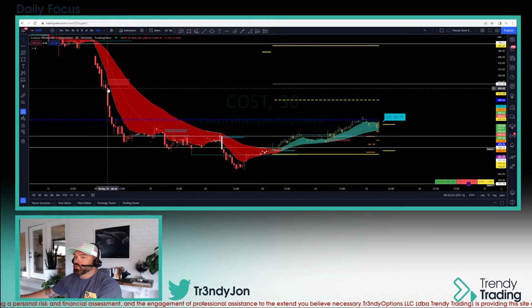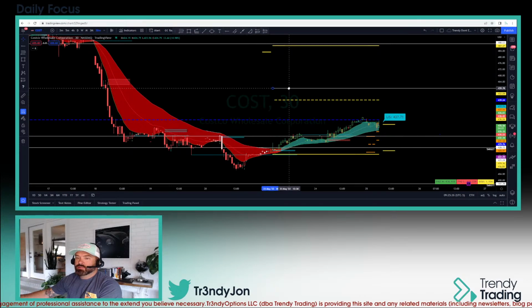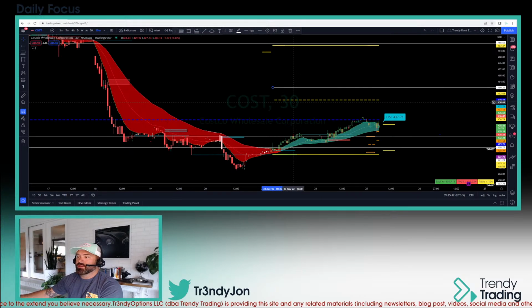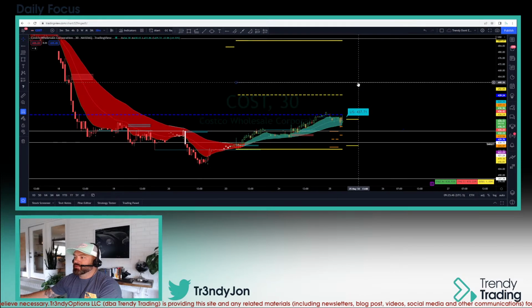The only thing is the structure itself, and I won't go into great detail here, but I'm going to bring this line down just a tad right here. So the 618 and the structure were very, very close, and that's what I wanted to see. So this is my level to the upside right now.